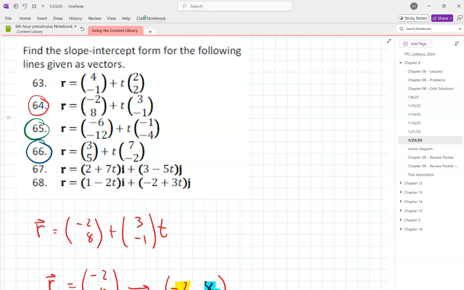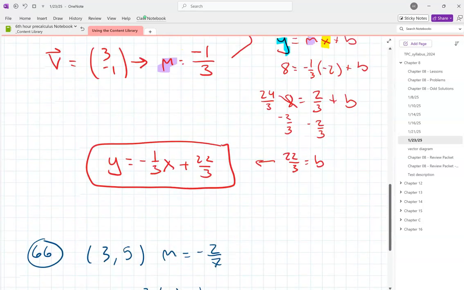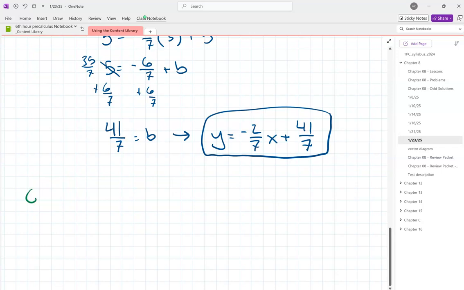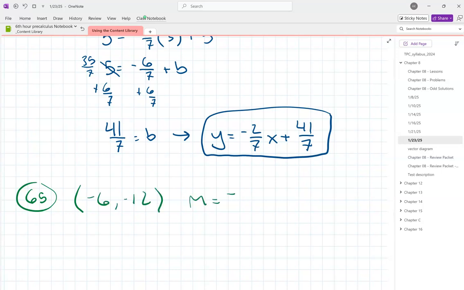Is everybody cool with how I read that? Now I recognize that -4 over -1 is just 4.